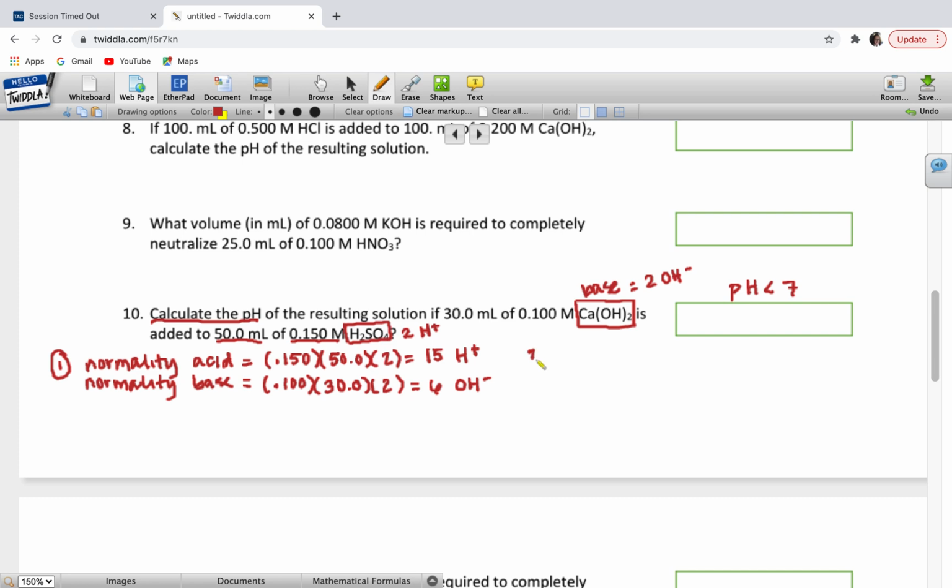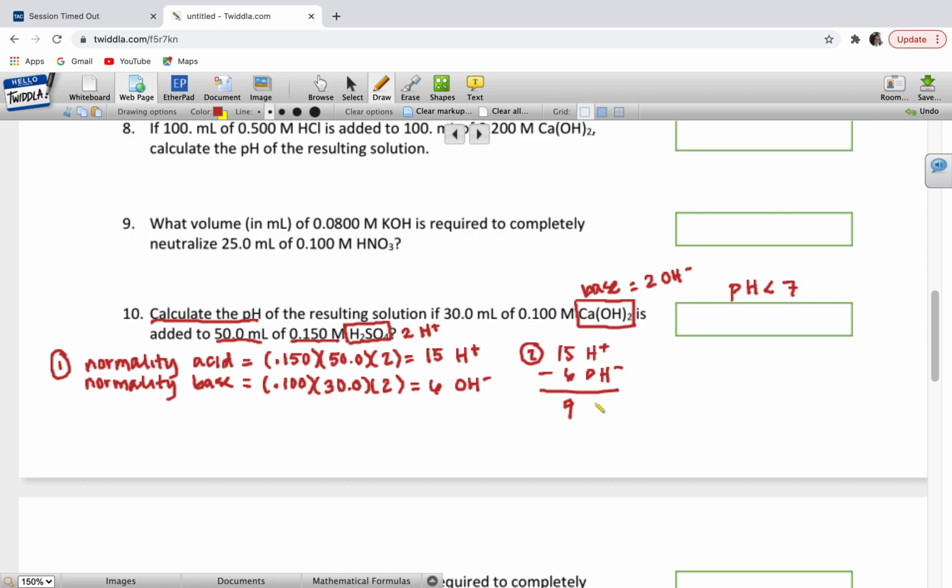So here's the next step. Let's figure out how much acid is going to end up floating around. These two are going to react with each other until one of them disappears. It's like a limiting reagent problem. So the hydroxide is going to run out first. Let's find the difference. 15 H plus. I subtract the 6 hydroxide that's going to react with it.